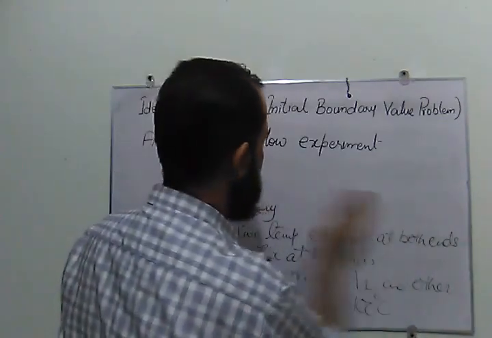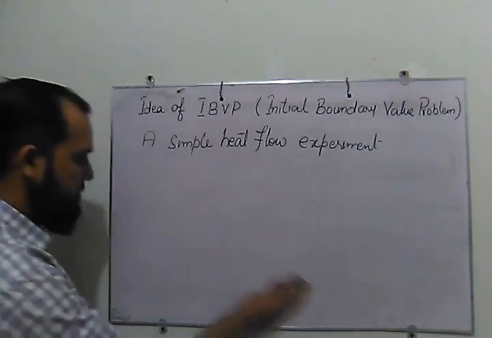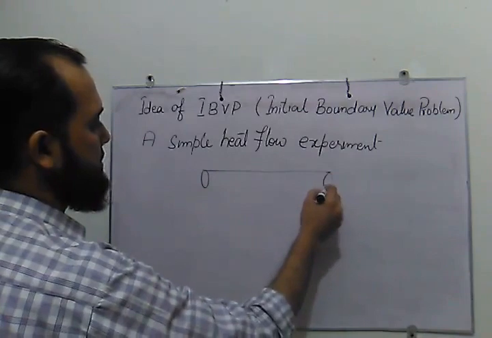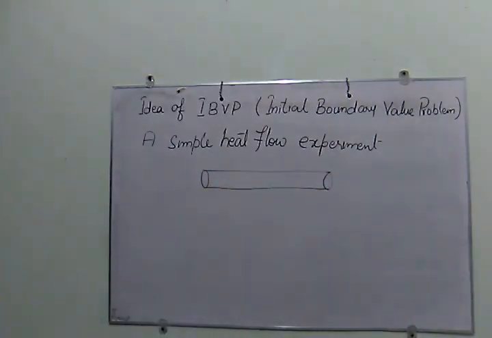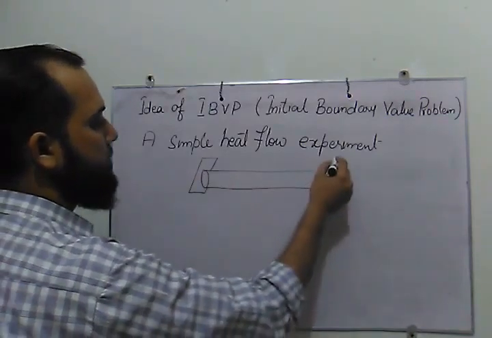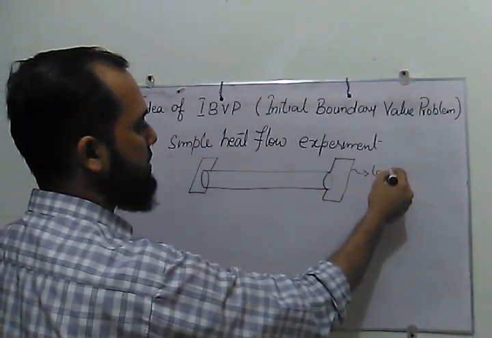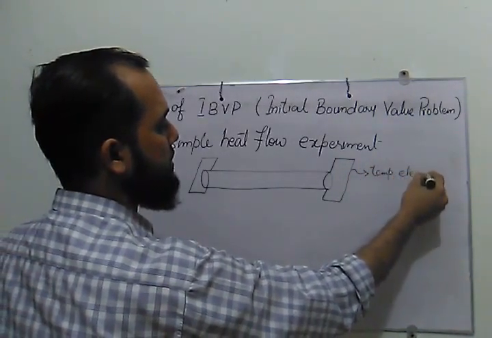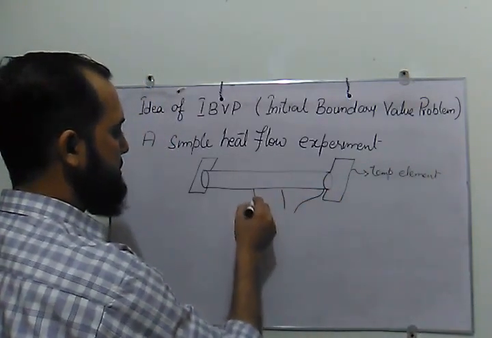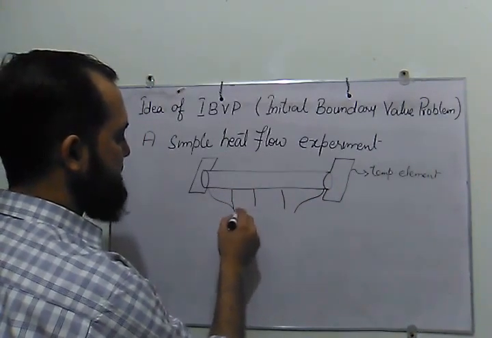Let me make a figure of this experiment. If we have a rod here, we fix two temperature elements here. And we have thermostats. A thermostat is a device which is used to measure the temperature.